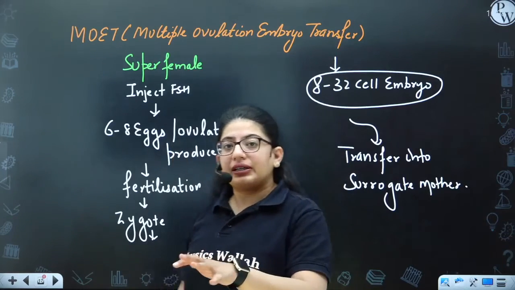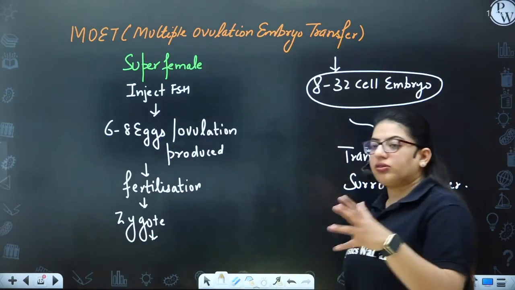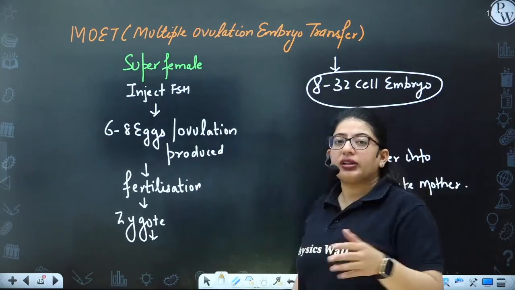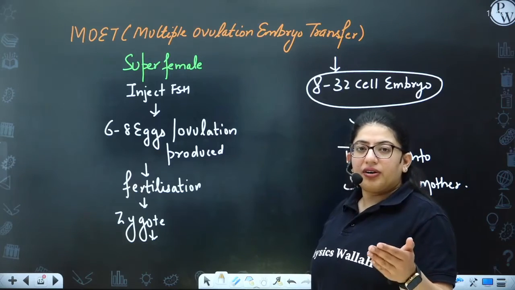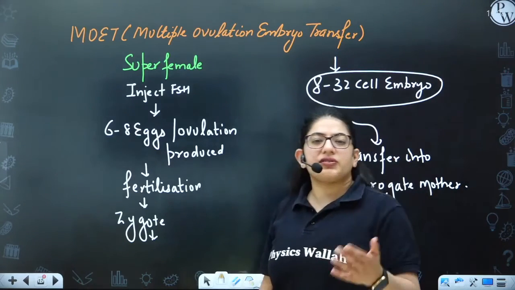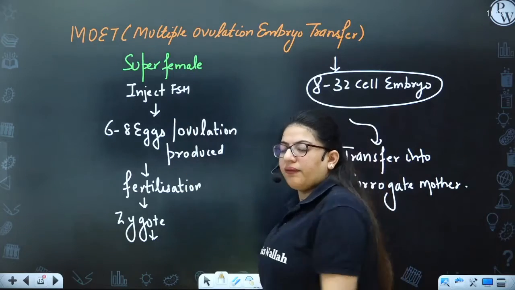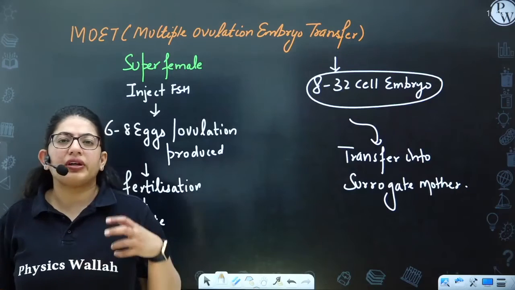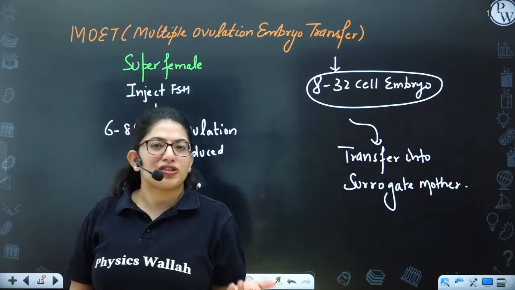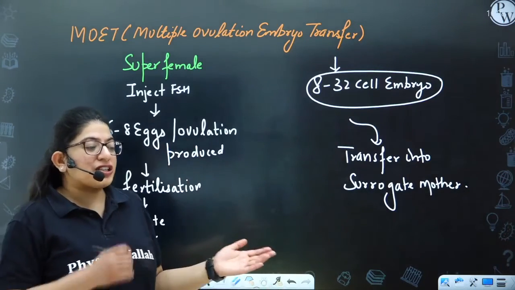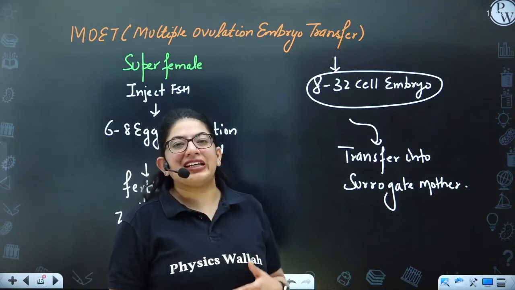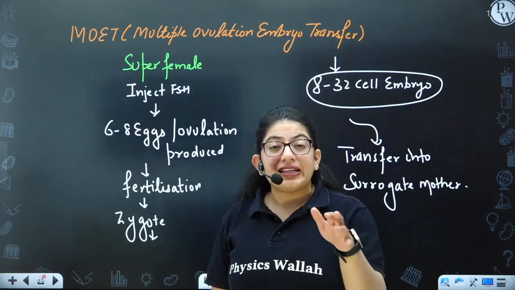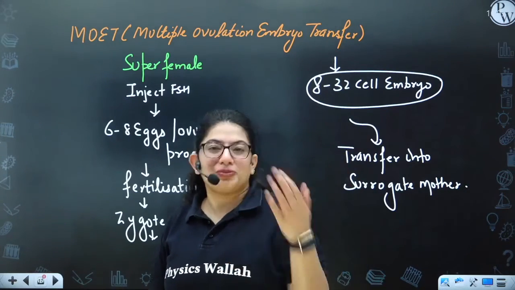Because we don't want that cow to be booked for a lot of months, right? That's a superior cow and we want it ready for another set of ovulation. So we take eggs from this one and let other cows, which do not have such good characters, get pregnant and give birth. These are surrogate mothers. So this is how these different techniques, animal breeding, artificial insemination, MOET, help us a lot in producing new and good breeds of animals.